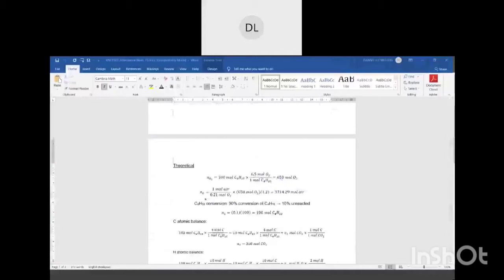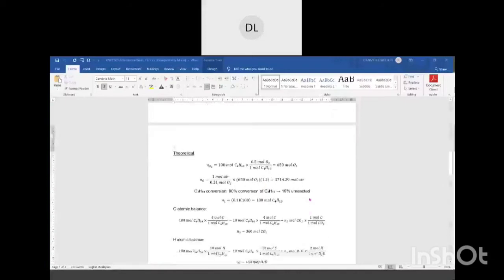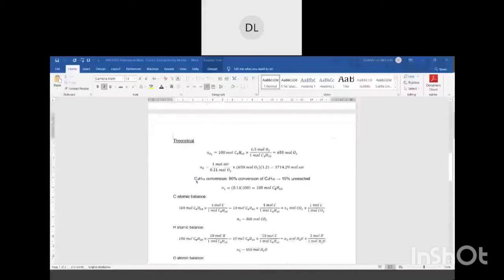And for the number of mole of air, 1 air over 0.21 mole O2 times 650 moles O2 times 1.2, which is the excess air. So you get 3,714.29 mole air.